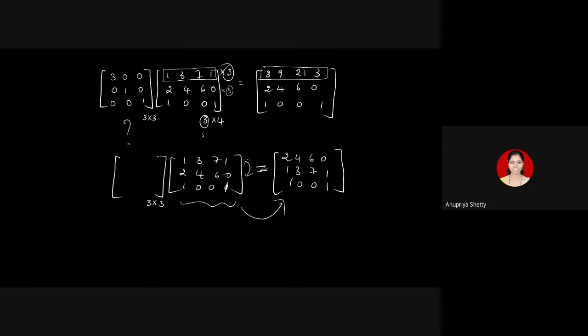Order 3. What should I take the first row as? 0 1 0, 1 0 0, 0 0 1. Since the third row is as it is, I take the row of the identity matrix in the same position.